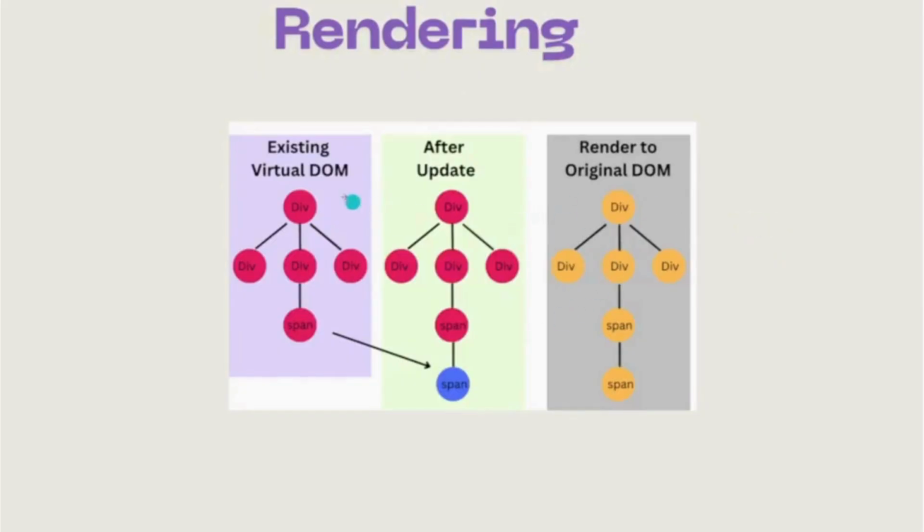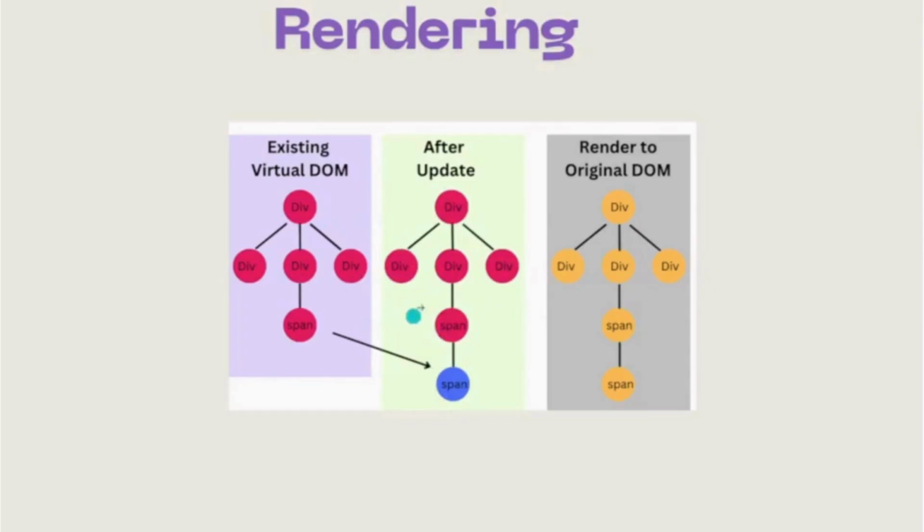Here is what we saw, the existing virtual DOM. This is the copy of the original DOM which we saw in the first slide. And then whenever there is a state change, or a props change in the component, or a re-render and a span or something is added, you can see how the new virtual DOM looks after the update.